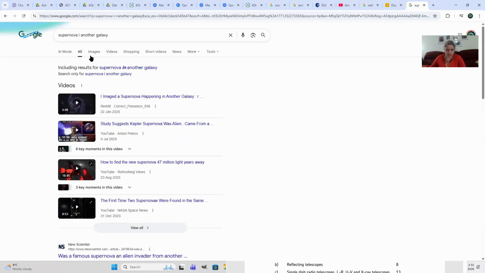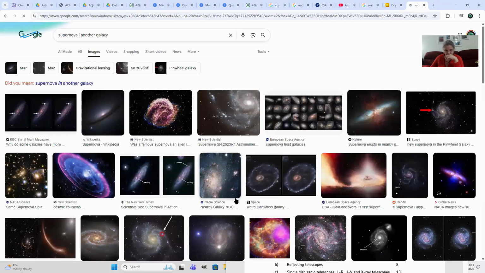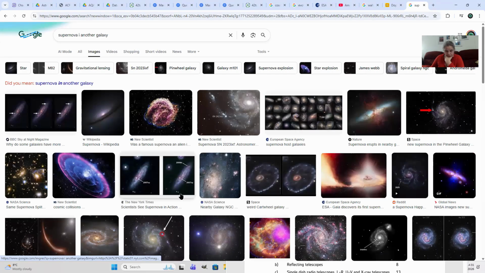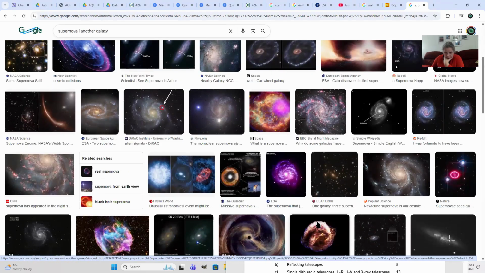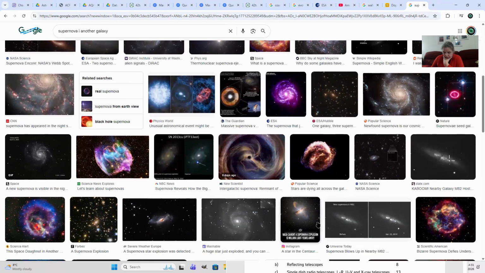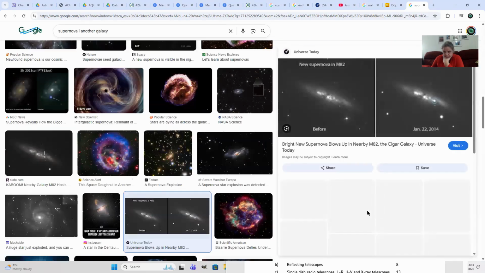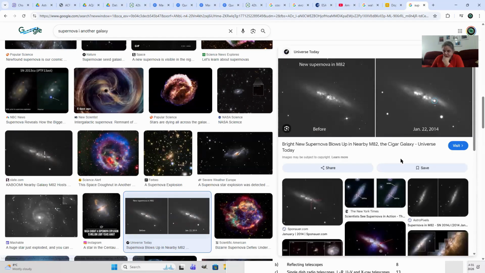Okay, and we want images, please. So you can see supernovae in other galaxies. What we want is something where I can compare it, so here. Okay, can you see the supernova? That's one star exploding.